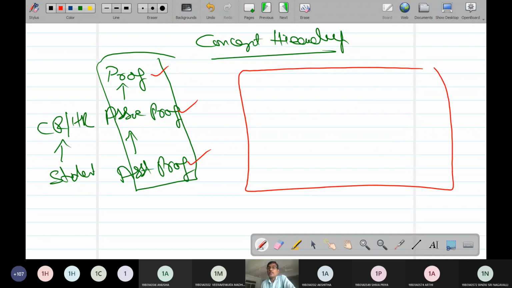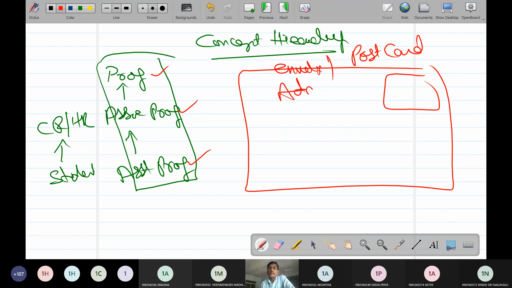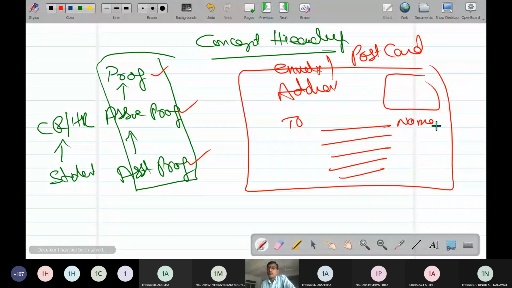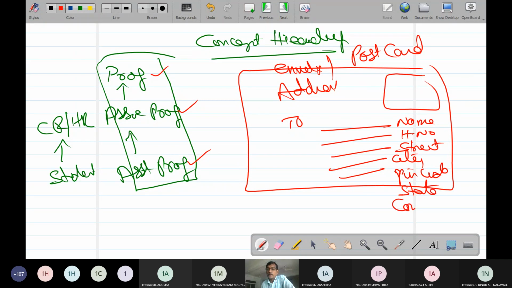Another example: there is a 10 rupees postcard or an envelope. You write your address here. It is name, followed by house number, followed by street, followed by city, followed by pin code, followed by state, followed by country.